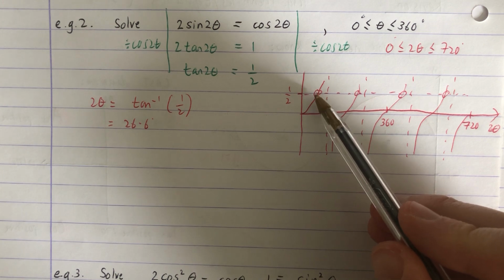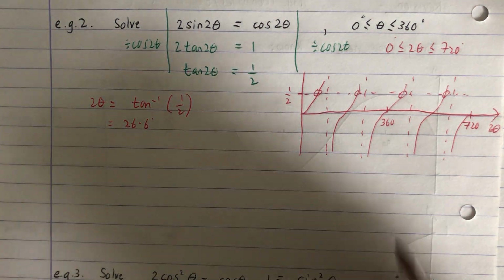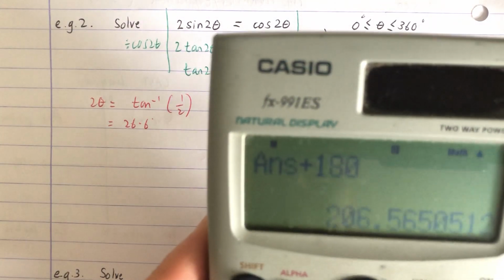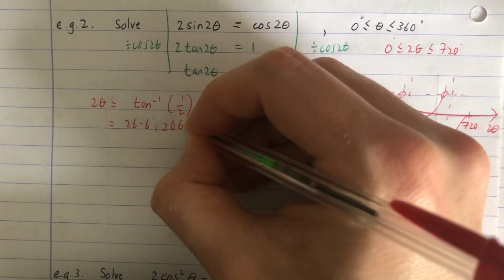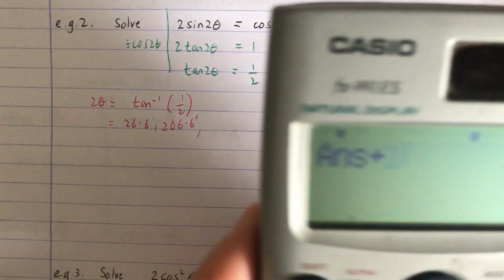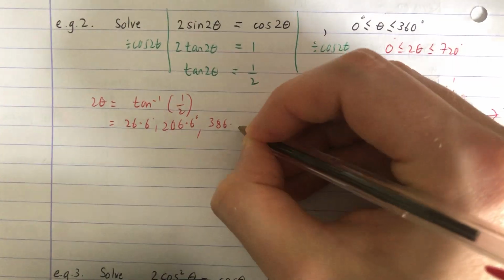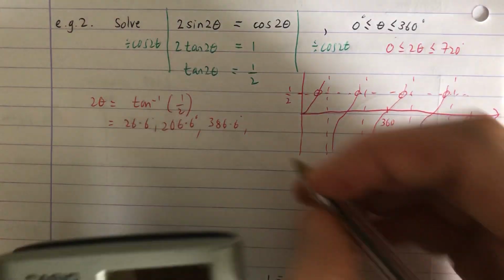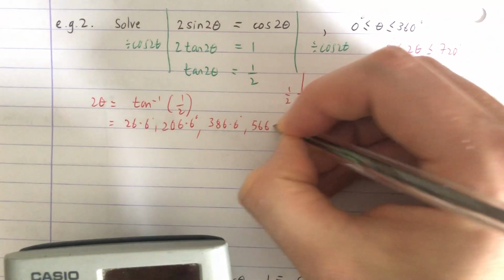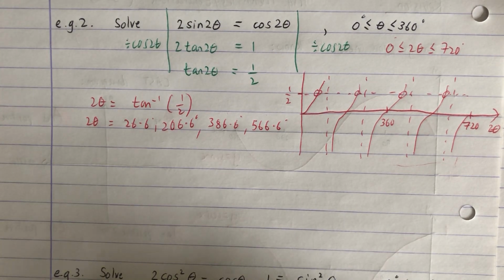And the property about tan is the next solution is always 180 degrees more, because tan repeats every 180 degrees. You just add 180. Add another 180. Add another 180. And that would be 2 theta.